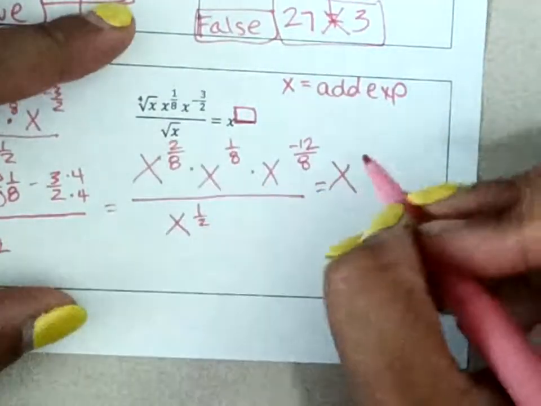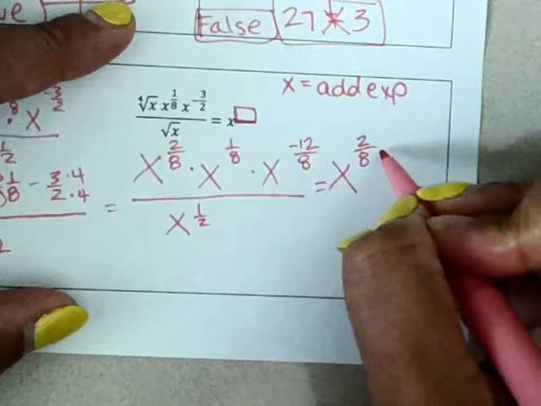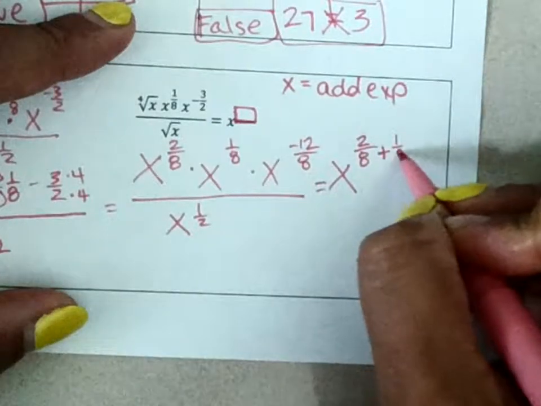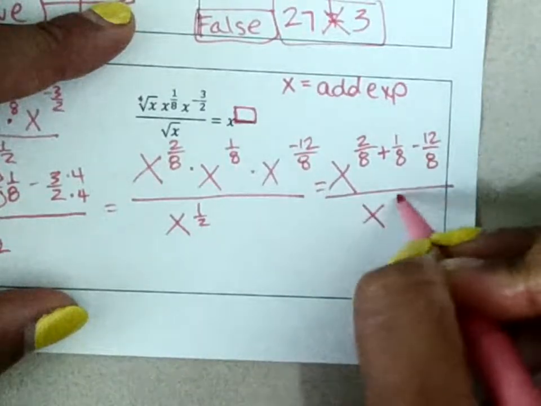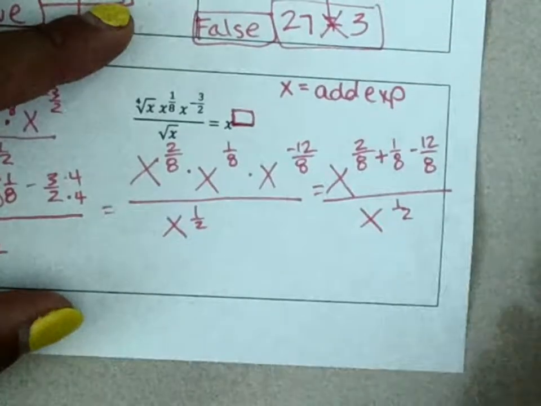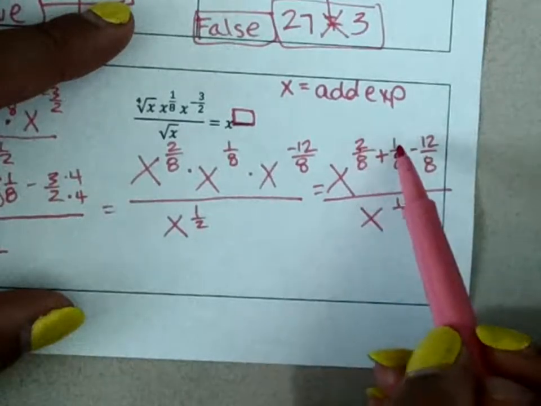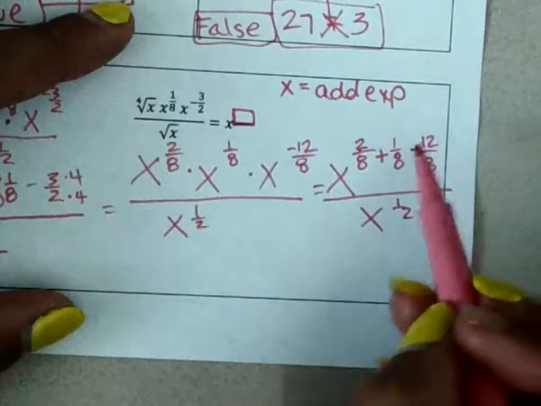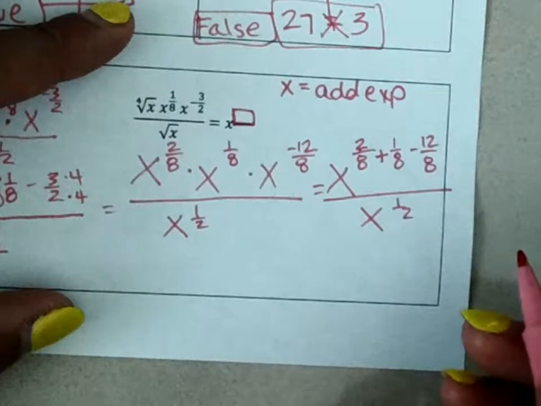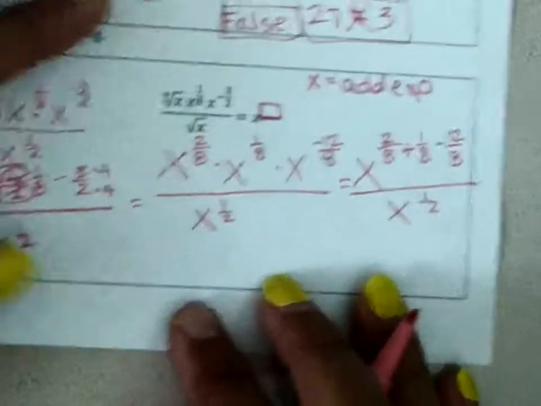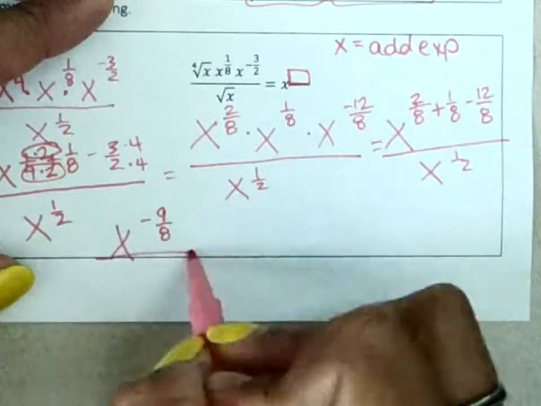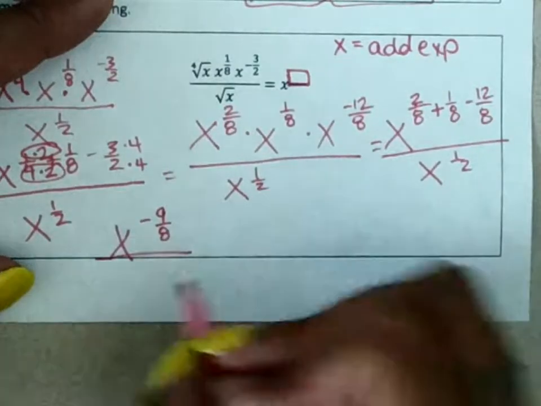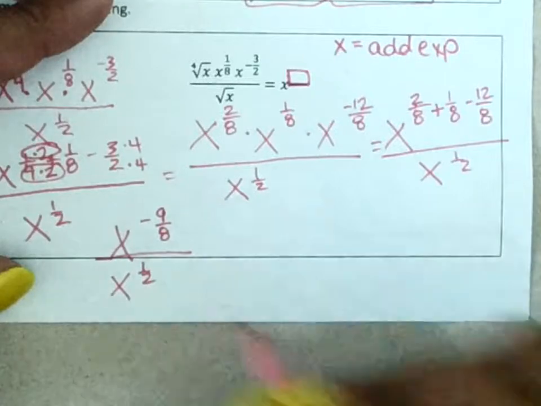I'm just going to rewrite this so that all the exponents are in one equation. So 2 plus 1 is going to give us 3. 3 take away 12 is going to give us negative 9. So we have x to the negative 9/8 over x to the 1/2.